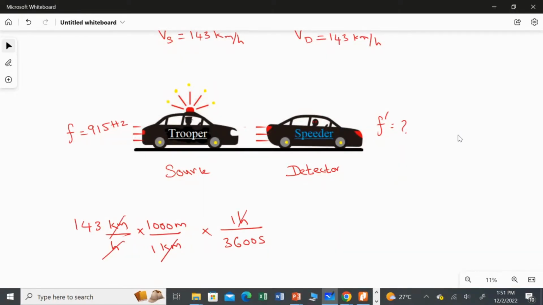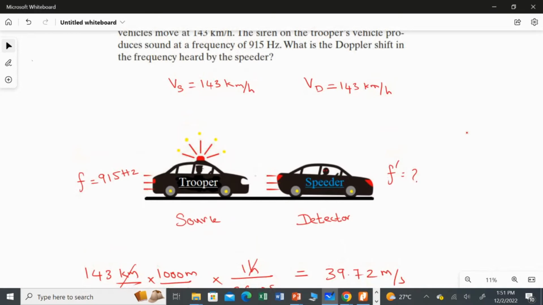Likewise, we can cancel hour with hour. Now, the answer we are going to get is in terms of meter per second. So 143 multiplied by 1000 over 3600, I got the answer as 39.72 meter per second.